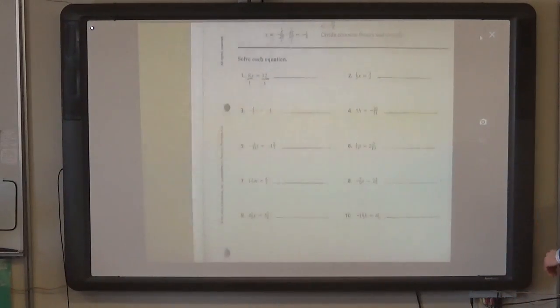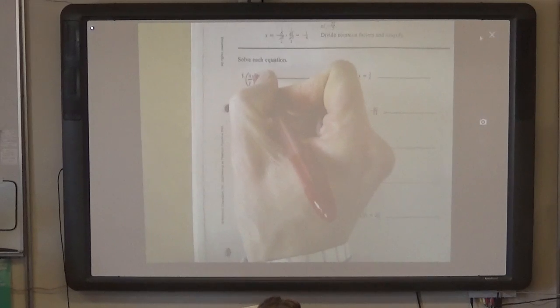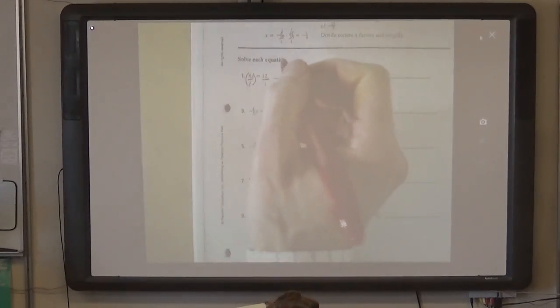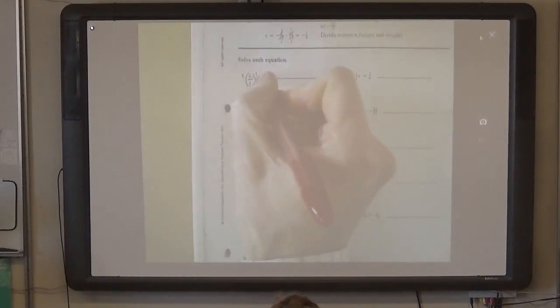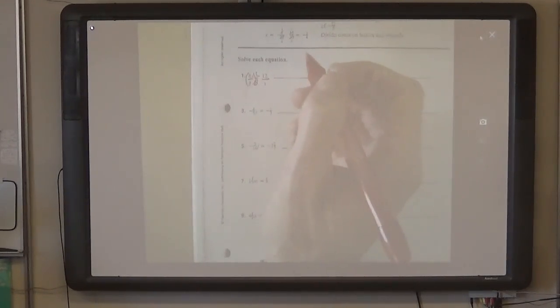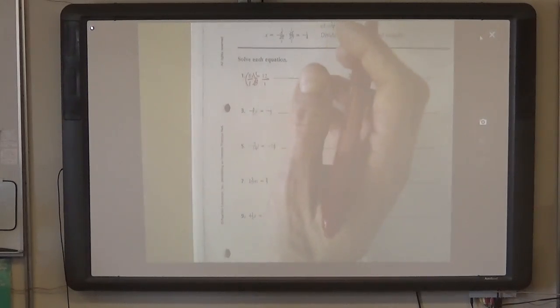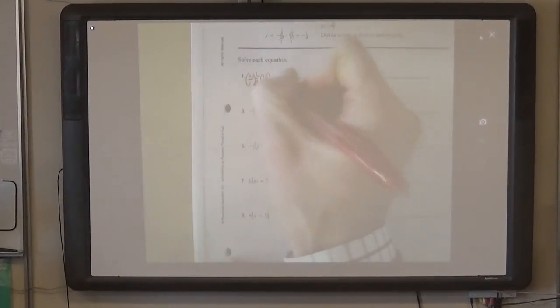Then, put parentheses around the 8 over 1, x, and multiply it by 1 over 8. Write 1 over 8 next to it, because 1 over 8 is the reciprocal of 8 over 1. And then put parentheses around the 12 over 1 and write 1 over 8.